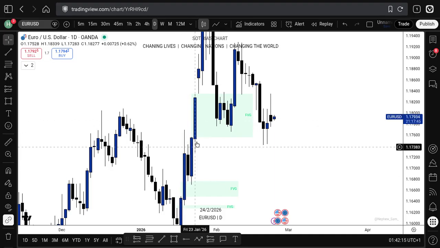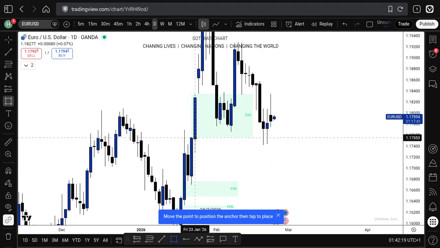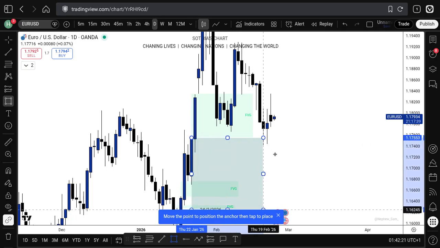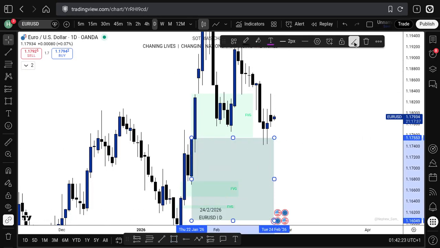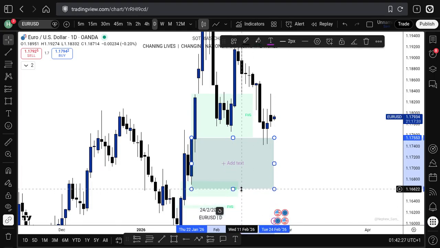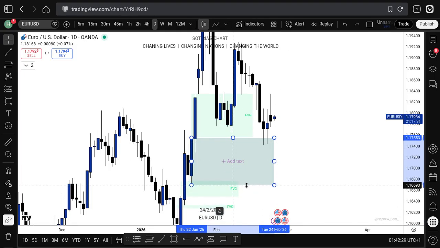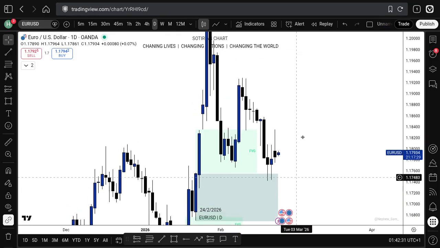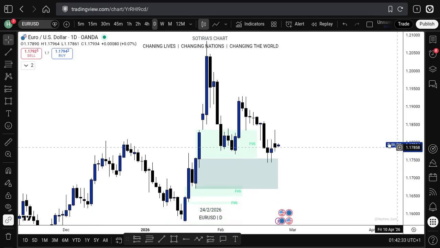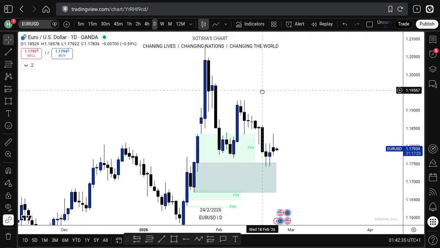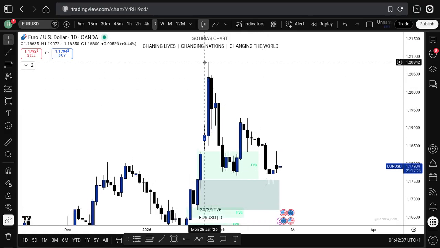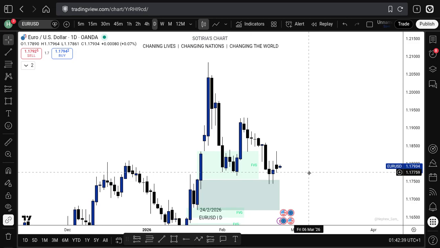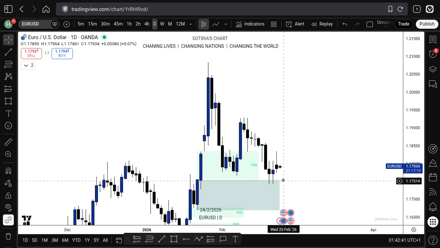Then we have the structure right here, which price taps into and bought from this level right here. So currently we're buying from this level to see price take out this high. So that's what we have on EURUSD right now.